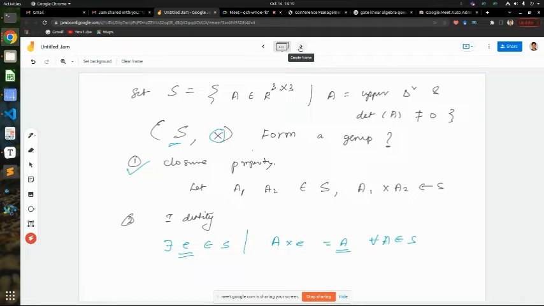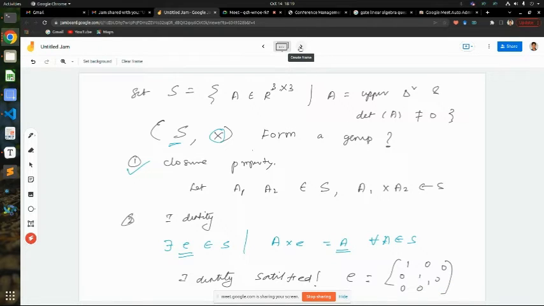And I think you must be immediately convinced that identity is indeed satisfied. Why is identity satisfied? Because you have E equals the 3 by 3 identity matrix, with 1s on the diagonal and 0s elsewhere.